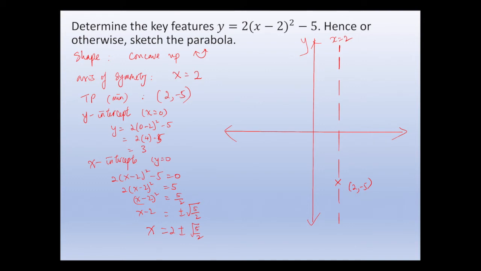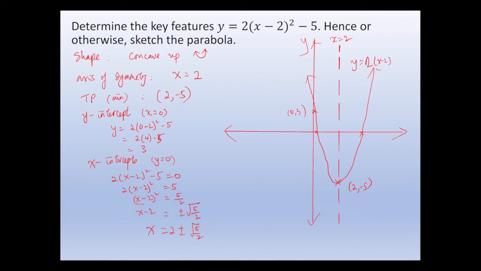And you know that the y-intercept is this point here, (0, 3). And then you know that the x-intercept is somewhere here and somewhere here. So we can sketch the parabola.